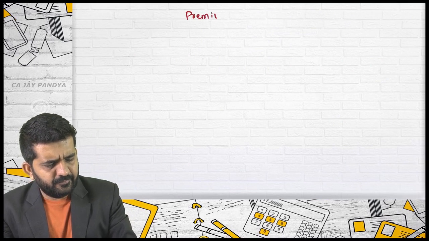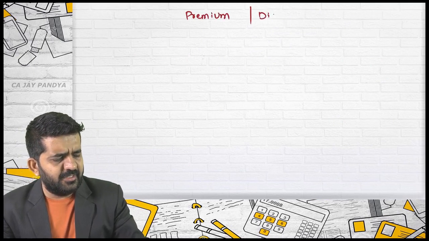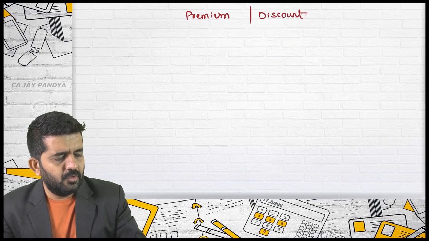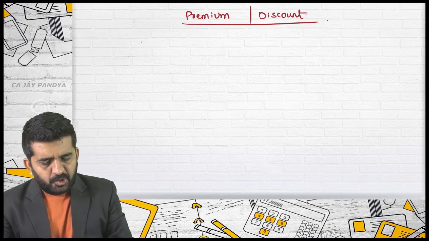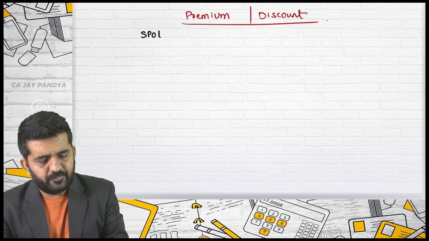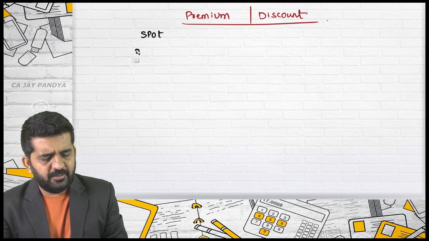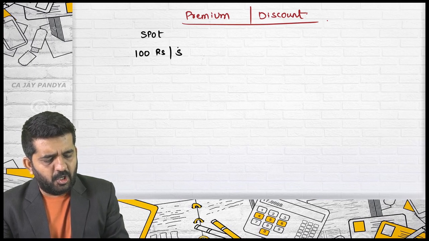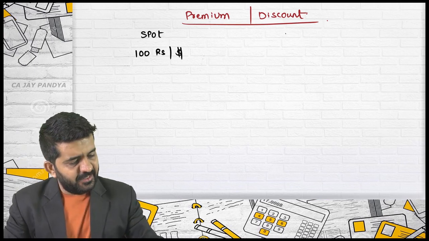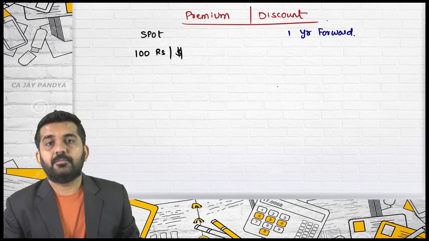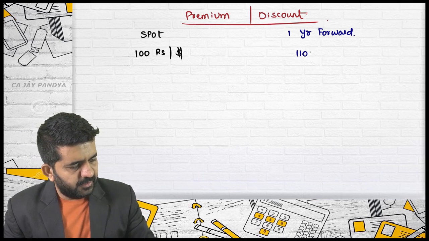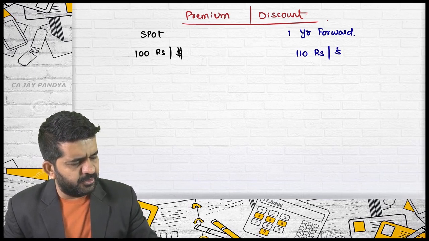We are talking about premium and discount of foreign currency. Try to concentrate. Today, spot, the rate of dollar is 100 rupees per dollar, and 1 year forward is 110 rupees per dollar.